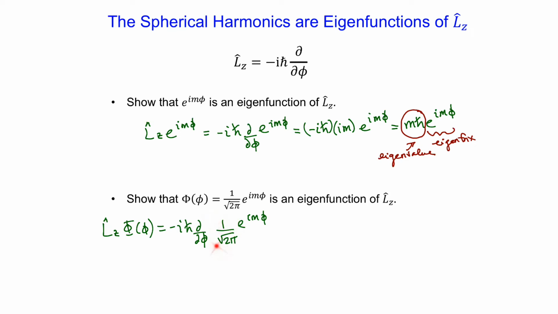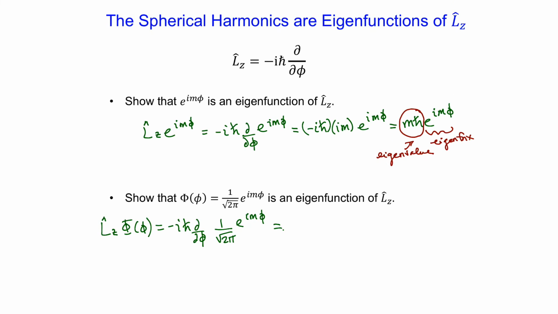So this is not actually going to change anything in terms of how d phi acts on our function. So we're essentially going to have this same result pop back out, except we're going to have an additional 1 over square root of 2 pi that tags along with it. Okay, so we end up with m h bar times 1 over square root of 2 pi e to the im phi.